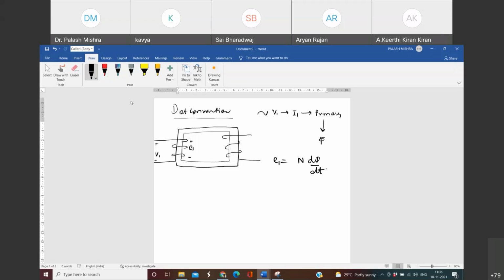Is it clear? The polarity will be such that it opposes the voltage because of which it is generated. So V1 and E1 will always be opposing in nature.